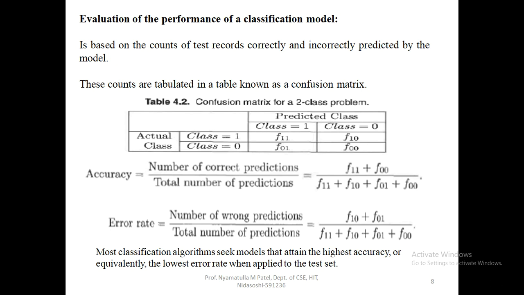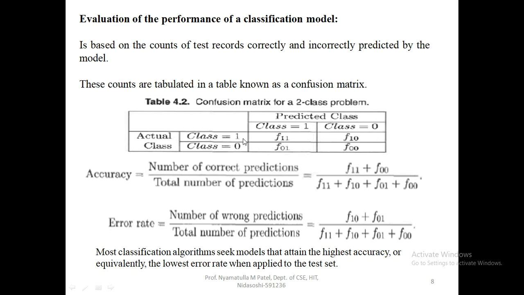These counts are tabulated in a table known as the confusion matrix. Confusion matrix for a two-class problem: take actual class and predicted class. If the predicted class is the same as the actual class, both 1, we call it f of 1 1.